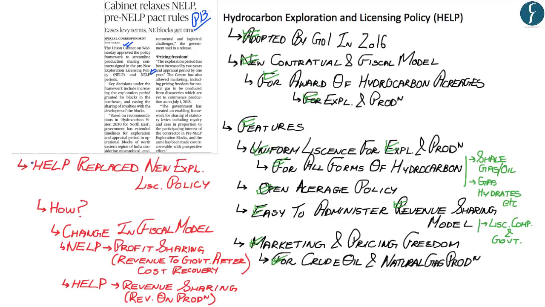Hopefully, up till here, you have understood that the HELP policy replaced the NELP policy by a change in the fiscal model, wherein the earlier policy had a profit sharing model where the Government of India gets the revenue after cost recovery, while under the new scheme, the Government of India gets revenue on a revenue sharing model on production.